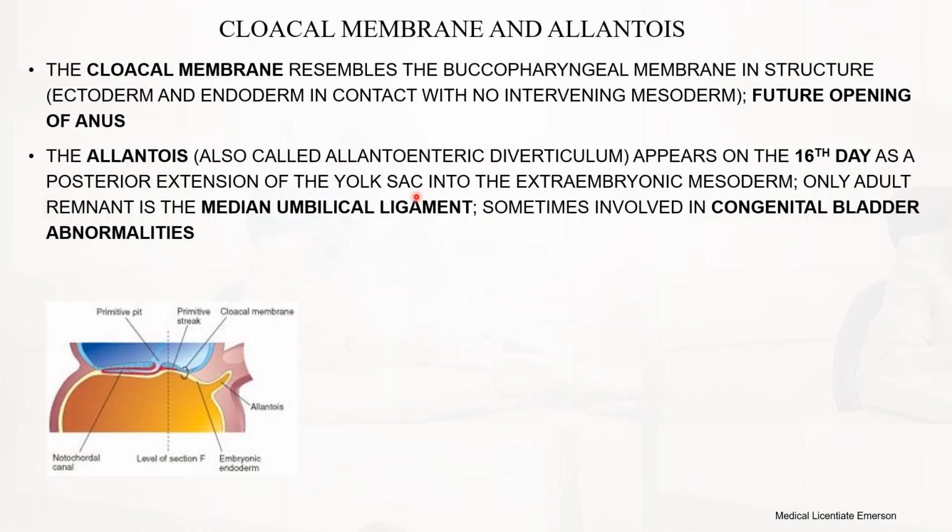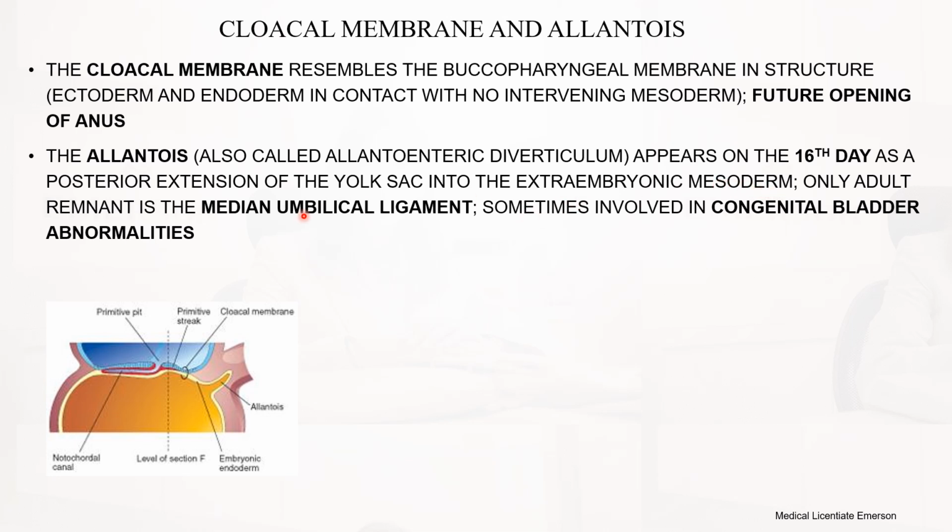Then let's go to the cloacal membrane and the allantois. The cloacal membrane resembles the buccopharyngeal membrane in structure. So this is the ectoderm and the endoderm in contact with no intervening mesoderm, which will be our future opening of the anus. That's the cloacal membrane. Then the allantois, also called the allantoenteric diverticulum, appears on the 16th day as a posterior extension of the yolk sac into the extraembryonic mesoderm.